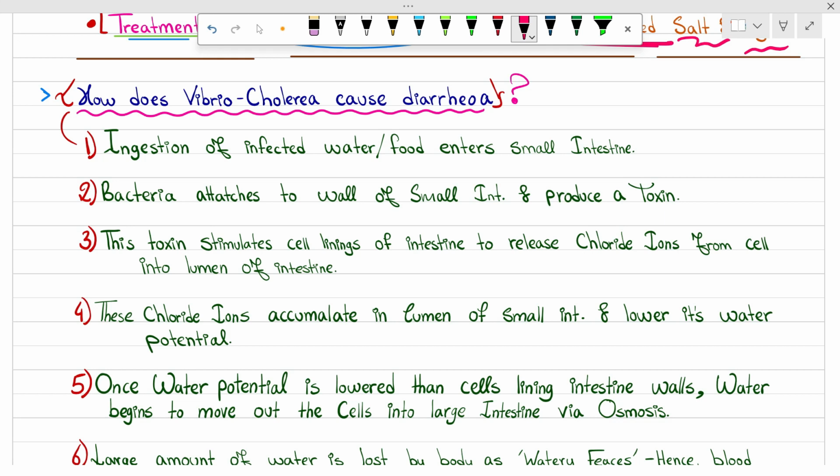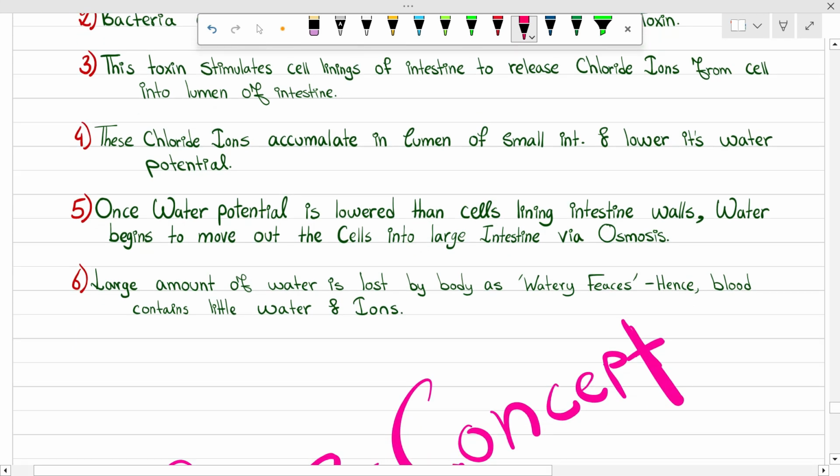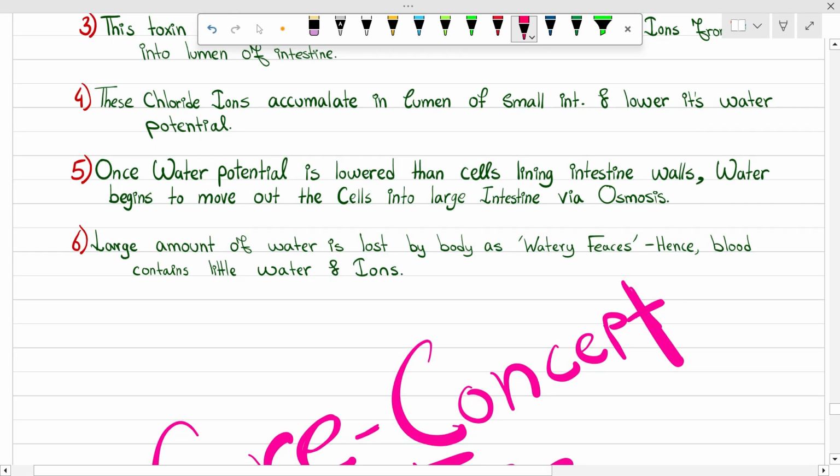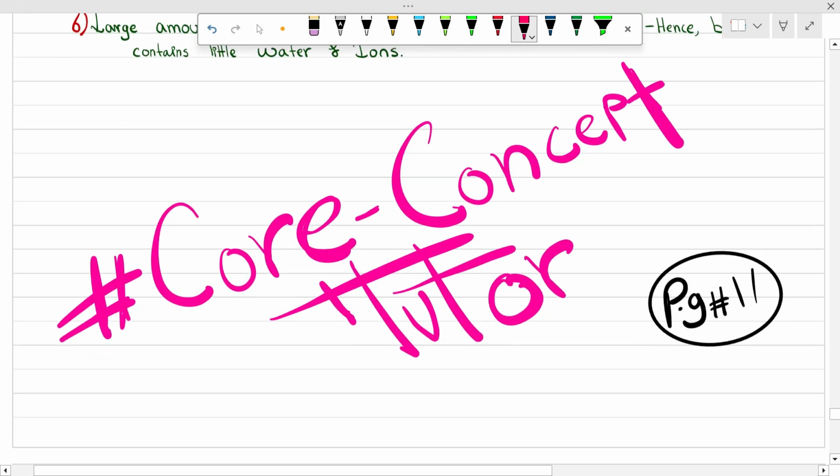The chloride ions reduced the water potential, so water moved by osmosis from the small intestine into the large intestine. From the large intestine, a huge amount of water is lost as watery feces, and the blood will contain little water and ions. And that is it for the process of cholera.